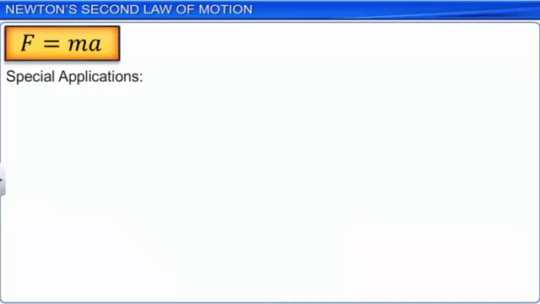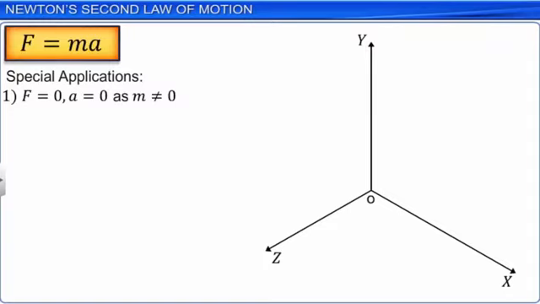When no force is applied on a body, there is no acceleration in its motion, since the mass of the body cannot be equal to 0. This is one way to write Newton's second law of motion. Since force applied and momentum are vectors, we can apply the law by taking their components in the 3 coordinate directions, that is, x, y, and z.